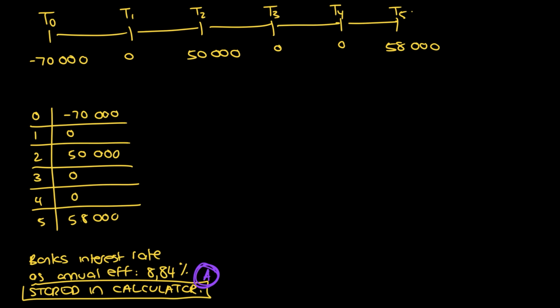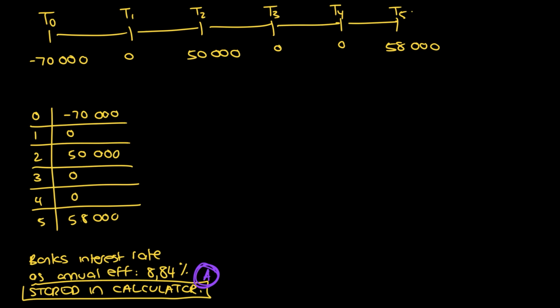Okay, so now we're going to work out the IRR. And what we've done here is we've just copied and pasted all the data we discussed, where we need to have the bank's annual effective interest rate. So we already made the conversion to the bank's annual effective interest rate, and we've stored it in variable A, and we have our data table.